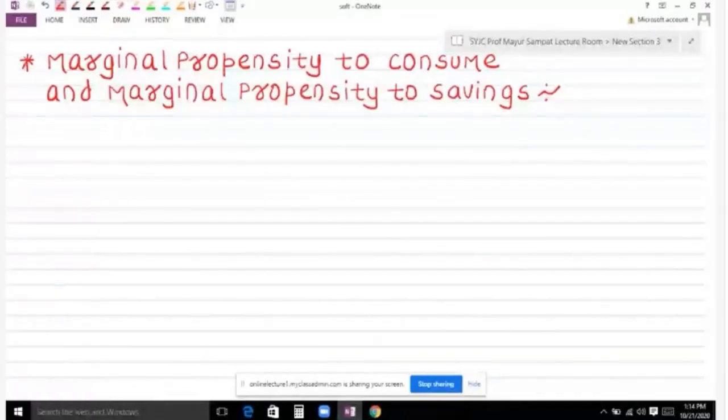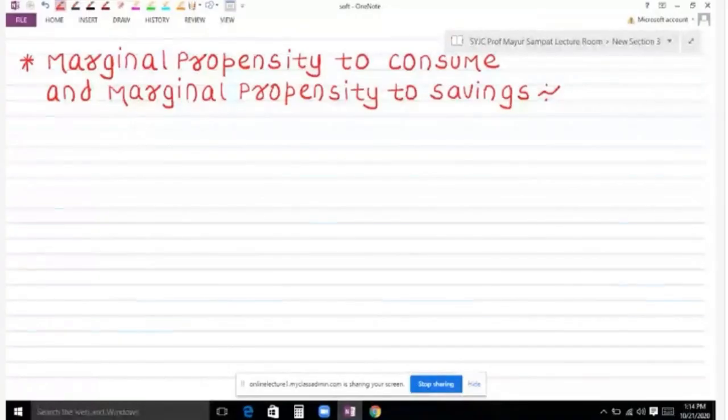So we know that income is made up of two parts: income is equal to expenditure plus savings. As the person's income goes on increasing, the expenditure also goes on increasing.